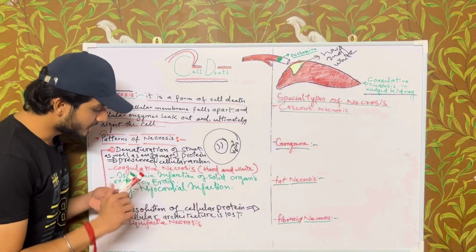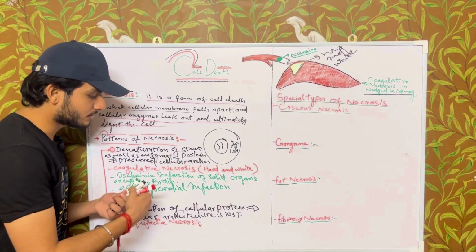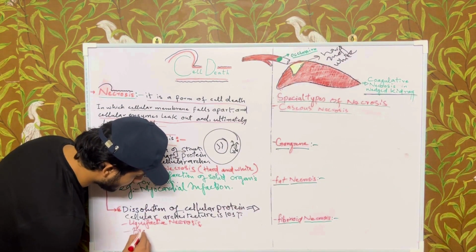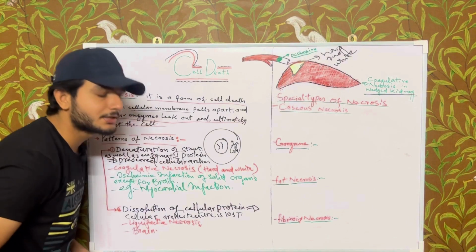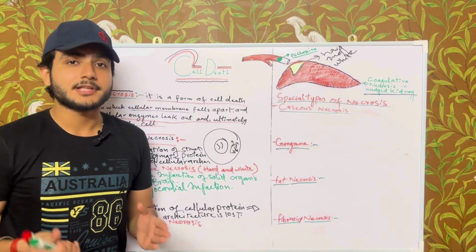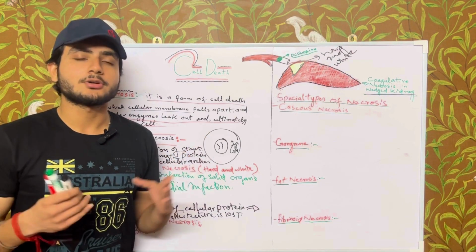Now let's talk about liquefactive necrosis. Liquefactive necrosis mostly occurs in the brain. The best example is brain abscess. In a brain abscess, there is infection of part of the brain tissue.